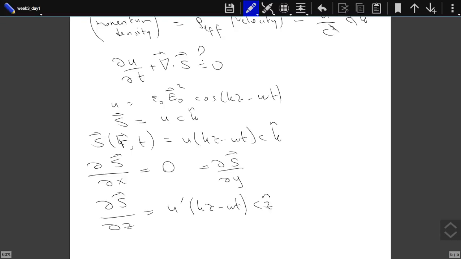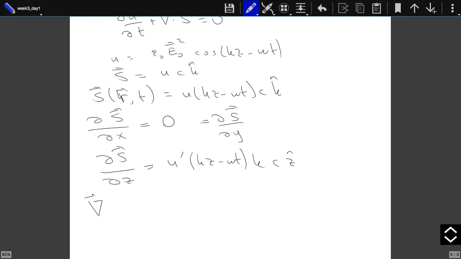C times K hat is Z times K, sorry, K times C in the Z hat direction. Well, this is the U. It only depends on Z and T in this particular example.